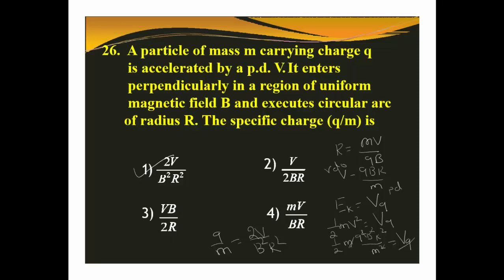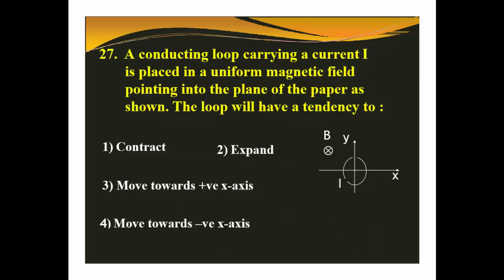Okay, so we go for the next question. A conducting loop carrying a current I is placed in a uniform magnetic field pointing into the plane of paper, as shown. The loop will have a tendency to contract, expand, move towards positive charge, or move towards negative charge.